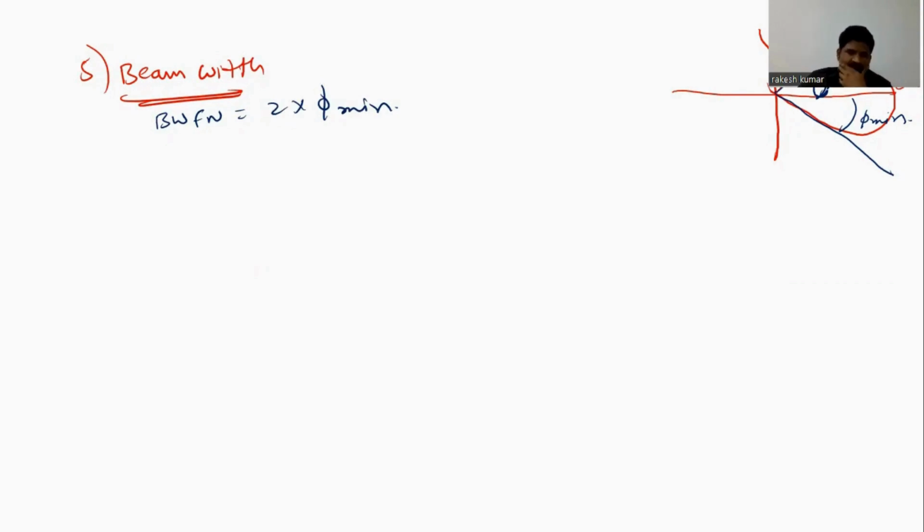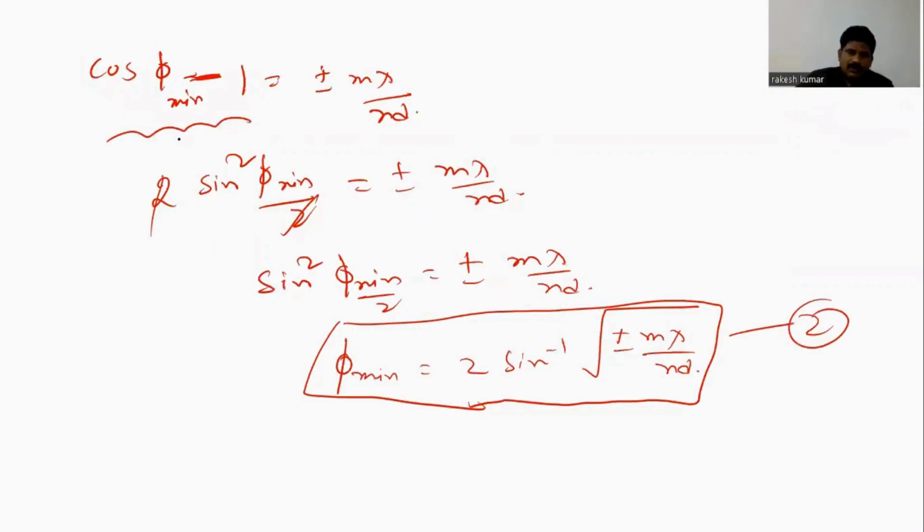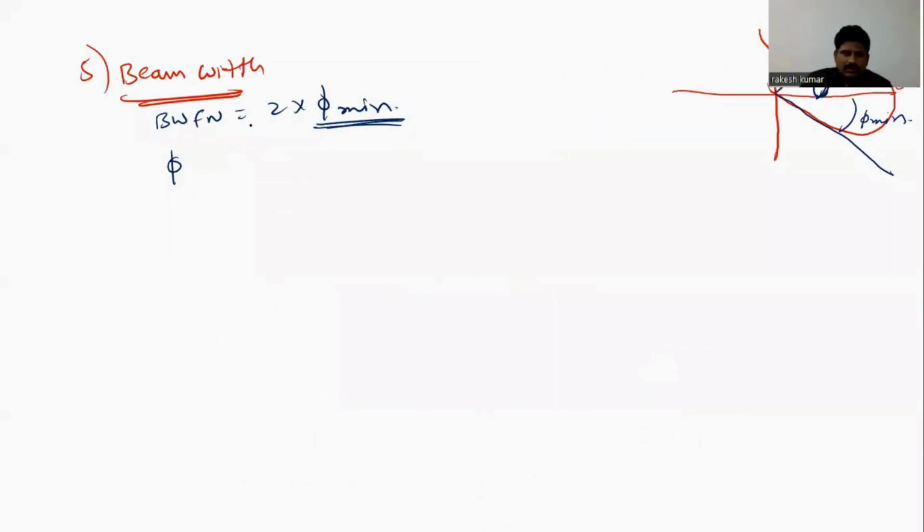Already we have derived the expression for phi minimum of a broadside array. So what is the phi minimum of a broadside array? The phi minimum for a broadside array is 2 sine inverse of plus or minus m lambda by n. So phi minimum is equal to 2 sine inverse of plus or minus m lambda by 2n.